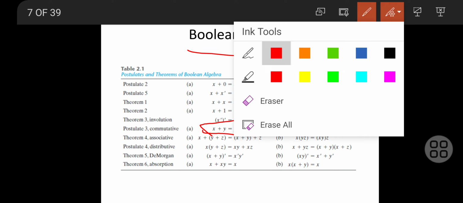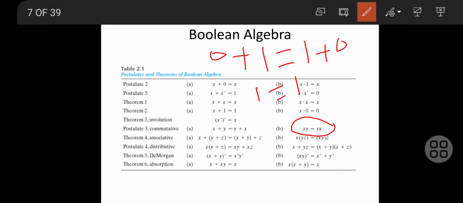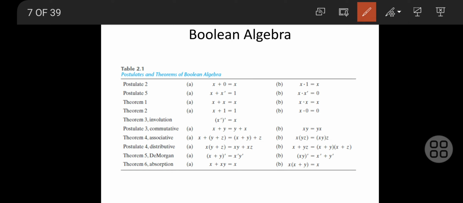How? Suppose x is 0 and y is 1. So that will be 0 plus 1 and 1 plus 0. In both cases 1 is equal to 1, so it is true. Also xy is equal to yx, right? That's also true.